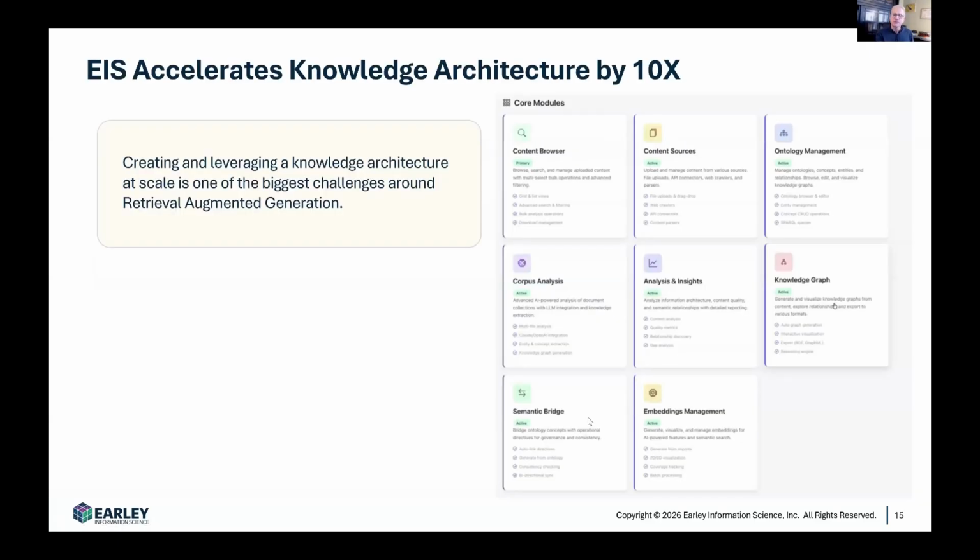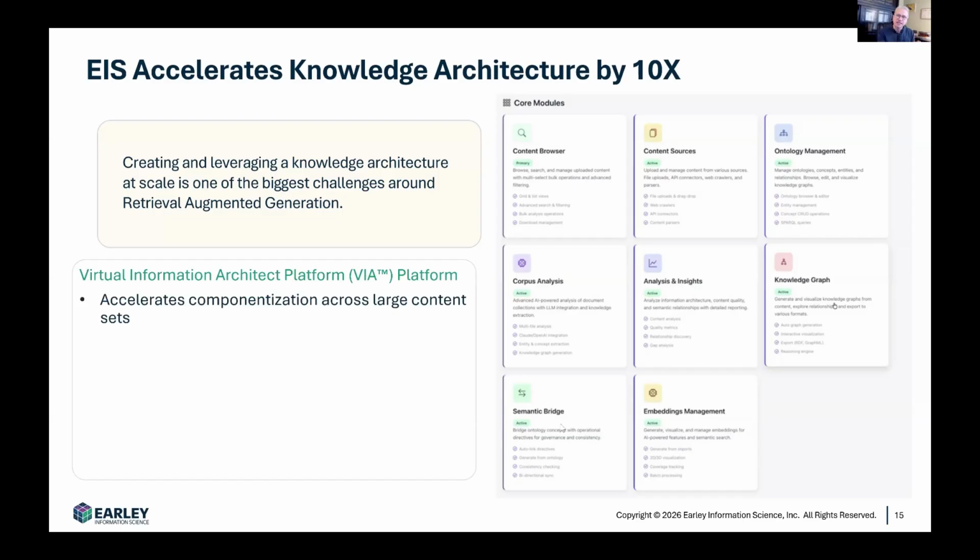So we mentioned that we have this tool called VIA. It leverages the experience we've had over the last 30 years of doing this: methodologies, frameworks, approaches, examples, templates, our experience. It's called VIA, Virtual Information Architect, and it accelerates the ability to do this across large content sets. It gives you that IA by deriving it from the content.